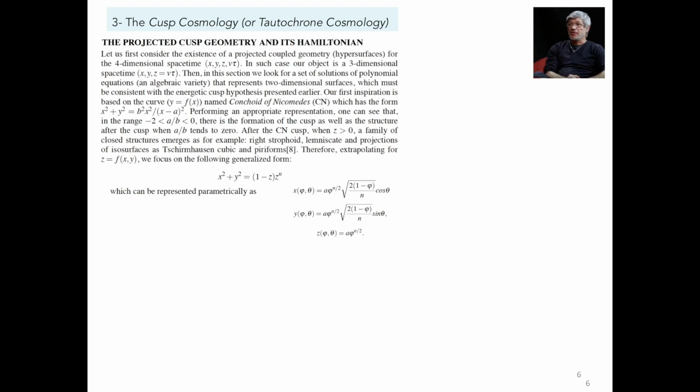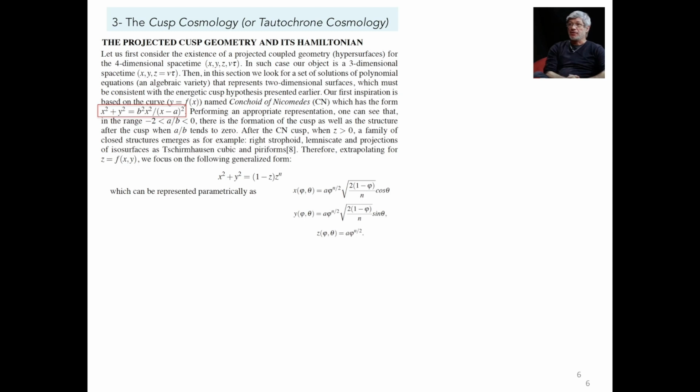One of the approaches to Cusp Cosmology comes from studying its projected geometry, which is based on the metric called conchoid of Nicomedes, which has the general shape like this.